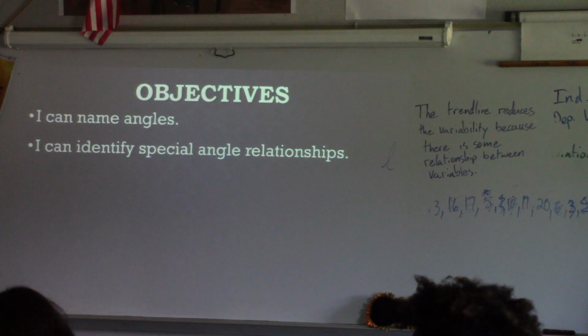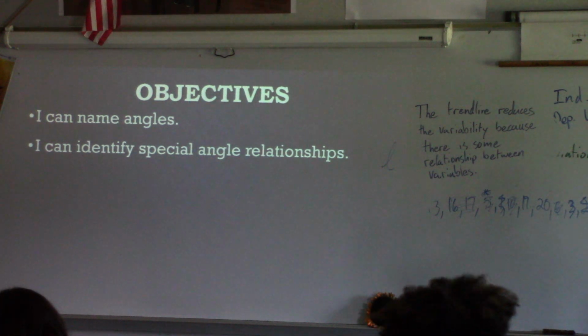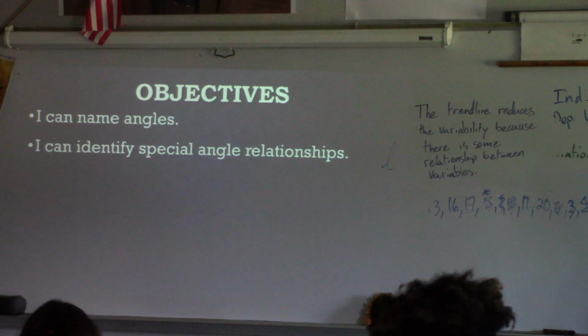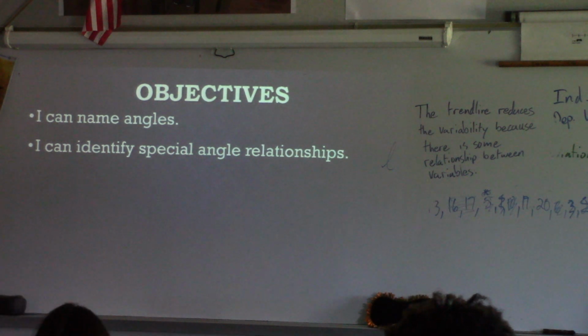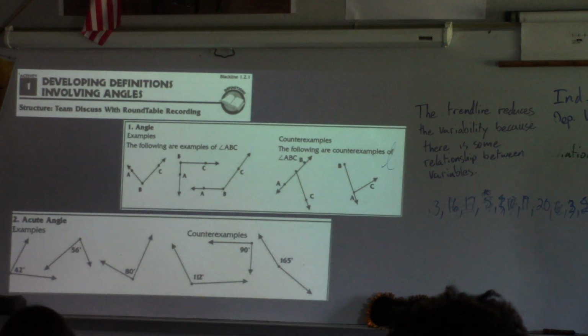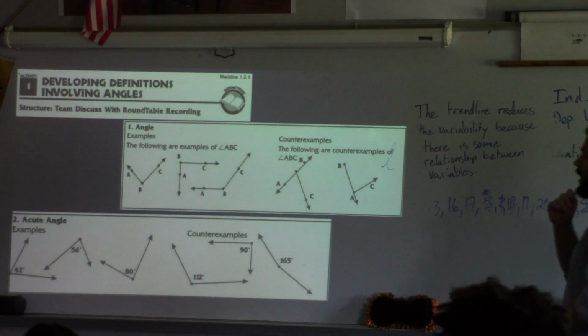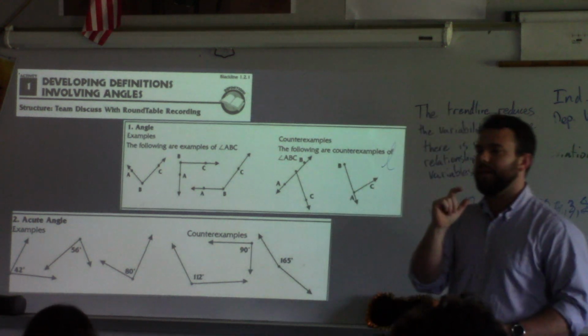Okay? So here are our objectives for the orange sheet that Matthew passed out earlier. We want to be able to name angles, and we need to be able to identify special angle relationships. Hey, I need eyes up here, and I need you paying attention.